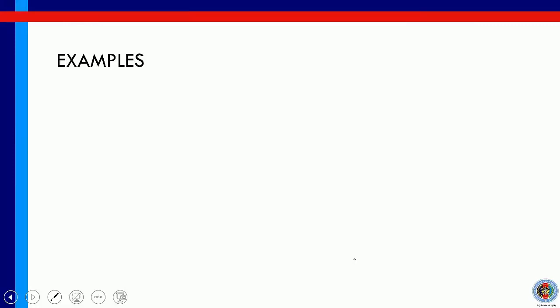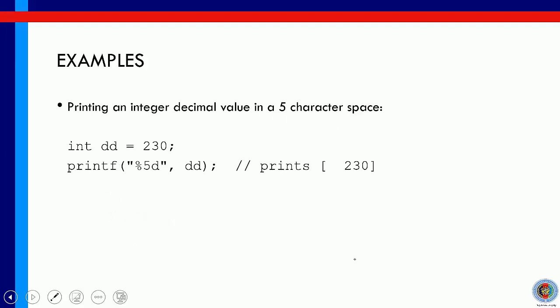Let us look at one example before we go through some exercise. Let's say we have an integer dd, we give value 230, and we give this format specifier to print dd: %5d.